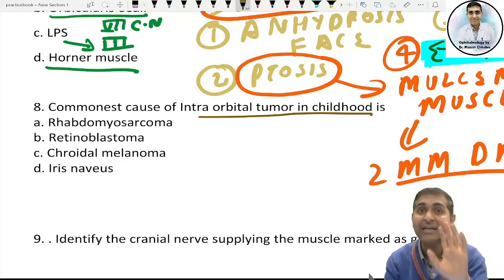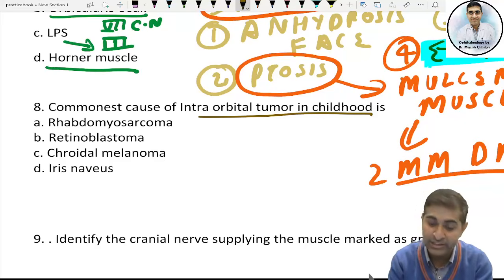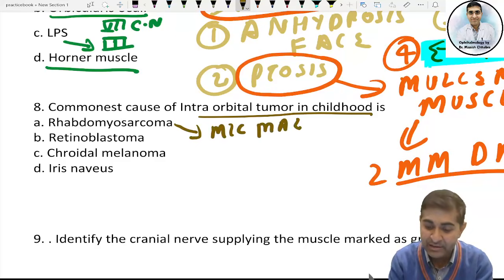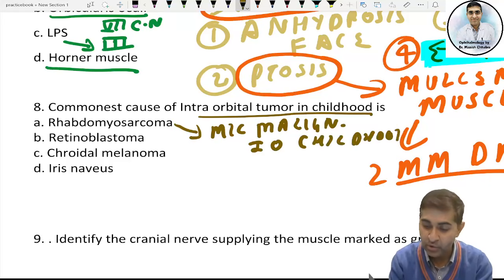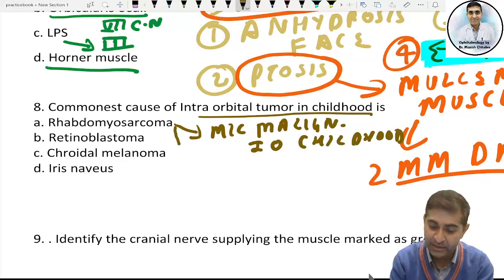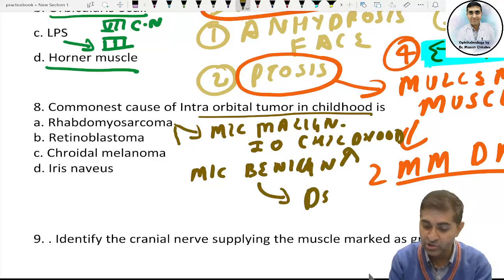Commonest cause of intraorbital tumor in childhood. Rhabdomyosarcoma is the most common malignant intraorbital tumor of childhood. Now, if we are doing malignant, let's do most common benign intraorbital tumor of childhood. This is your dermoid cyst.